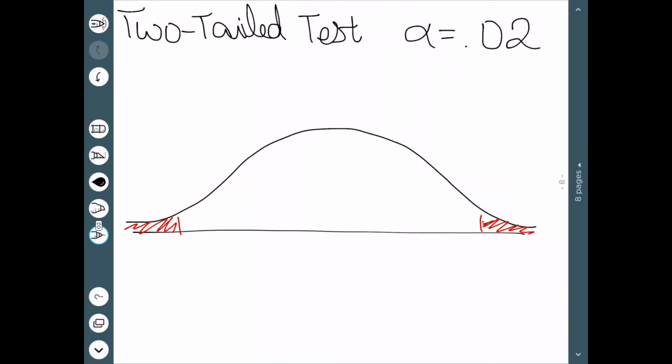As our last example, we want to find the critical values for a two-tailed test with alpha equal to 0.02. So the shaded area has area of 0.02. However, it's broken up into two pieces. Because we know the normal distribution is symmetric, I can say that each one of these is 0.01. And then that respects my symmetry and gives me a total shaded area of 0.02.